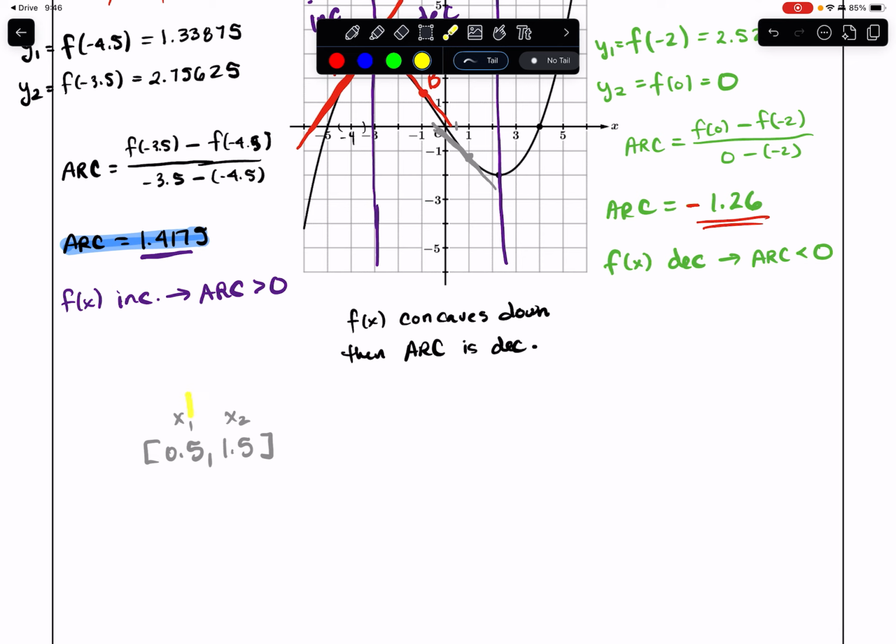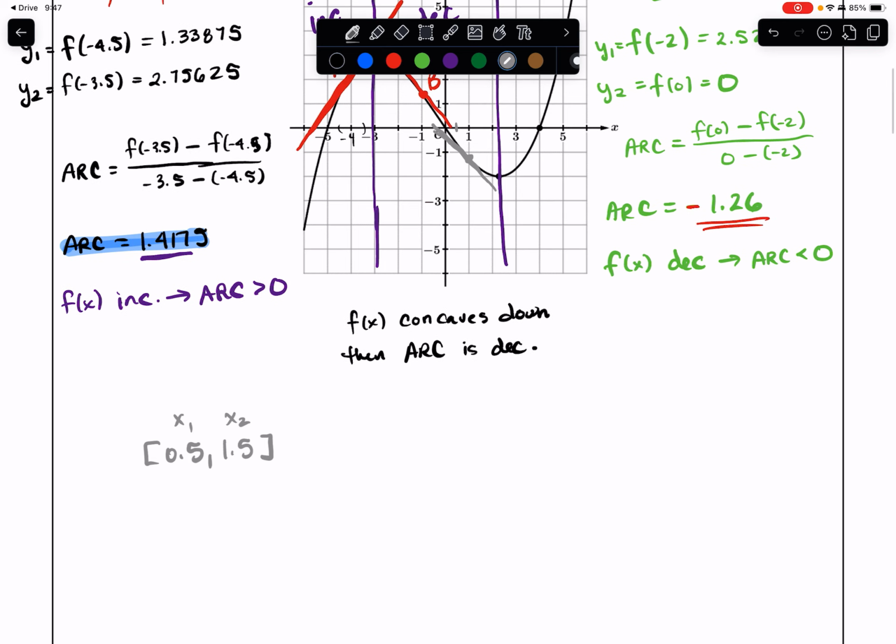So we're going to pick the numbers 0.5 and 1.5. We're obviously going to get closer and get really close and pick 0.99 and 1.001, but this again is good enough, all right? Because we're just going to get a rough estimation of this. So let's see. To figure out the average rate of change, I find my y1 by plugging 0.5 into my x.